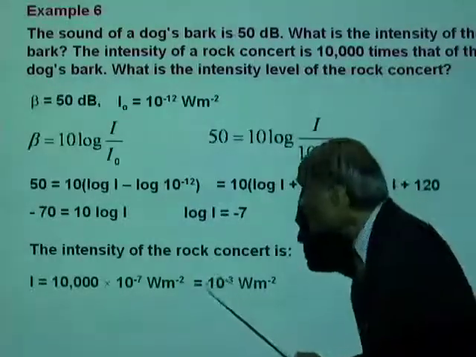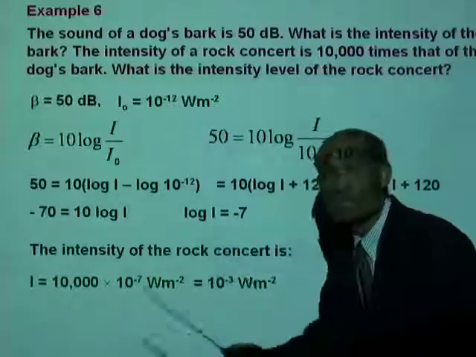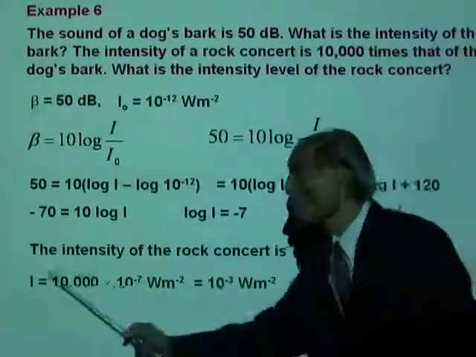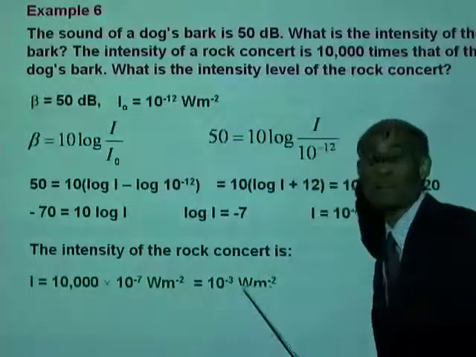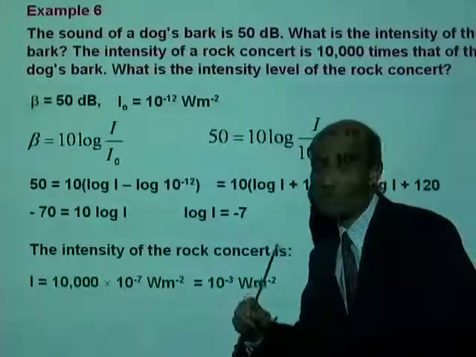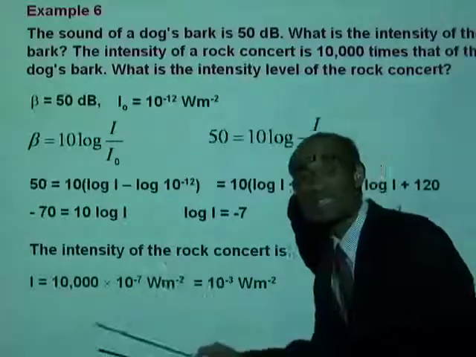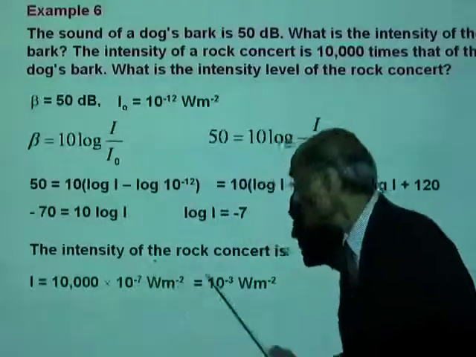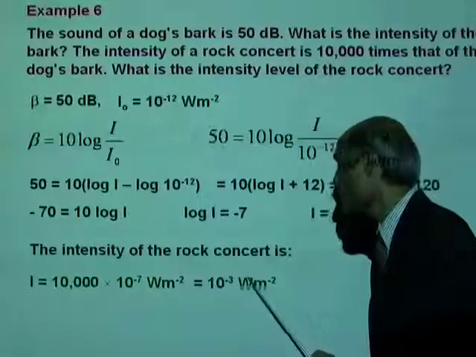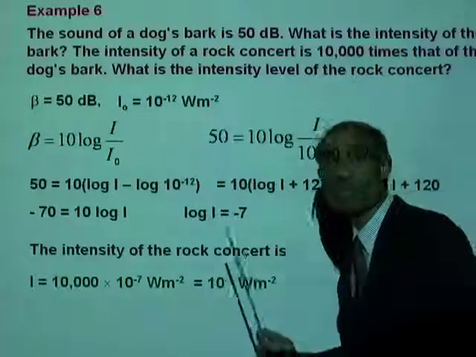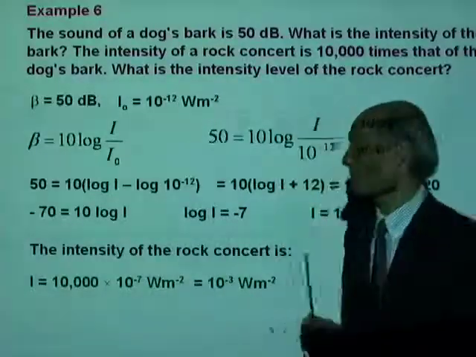And now you need to convert this to a decibel value, or find the intensity level of this intensity value. Again, I remind you, don't confuse intensity and intensity level. Here I equal to 10 to the negative 3 watt per square meter. We need to find the corresponding intensity level.